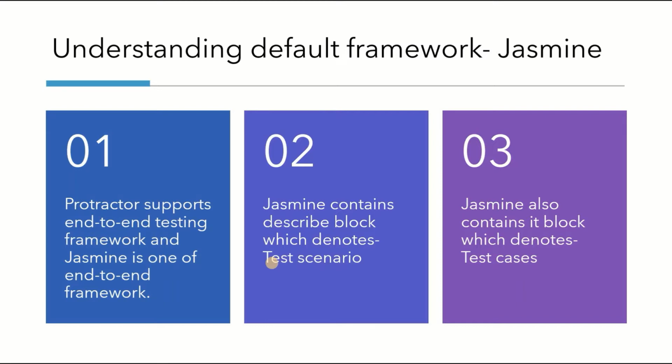Please do watch to understand what is an end-to-end framework. So Jasmine is one of an end-to-end framework. Jasmine contains two types of block. One is the describe block and another is it block. Describe block denotes a test scenario and it block denotes a test case present in each test scenario.